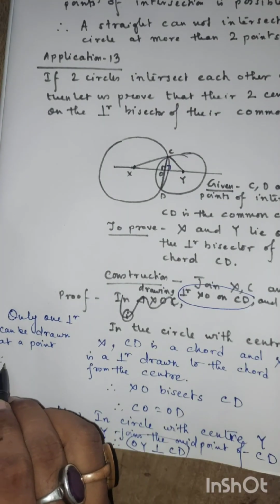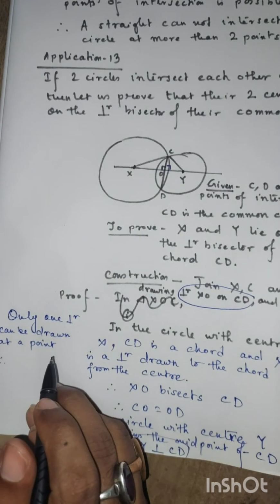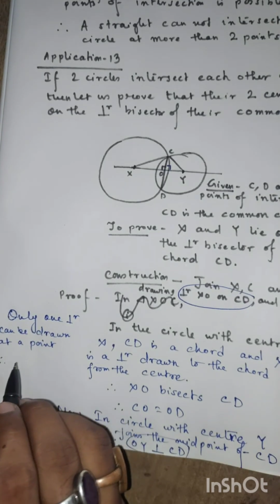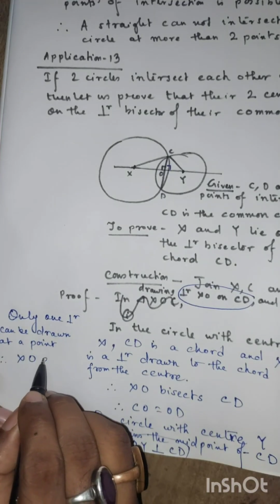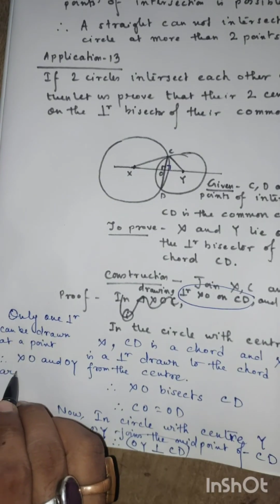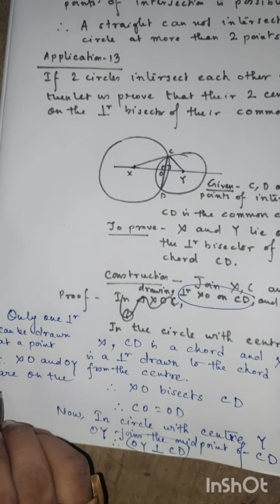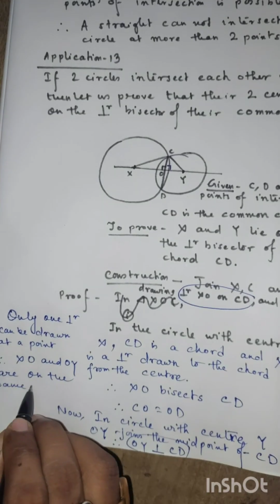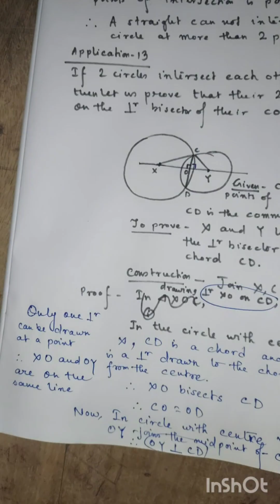Therefore, XO and OY are on the same line. Okay, XO and OY are on the same line.